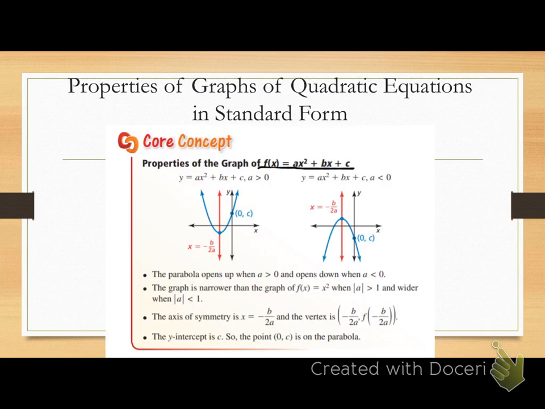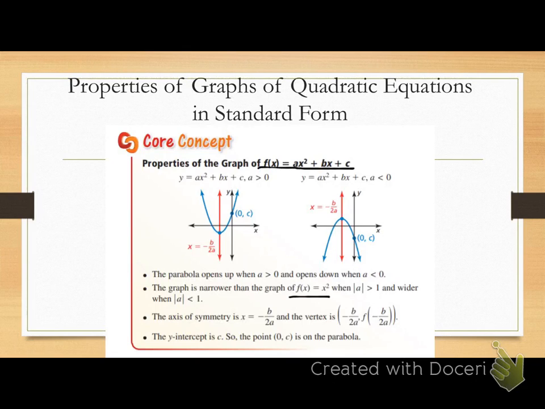The graph is narrower than the graph of our parent function. Remember, our parent function is f of x equals x squared. It's narrower when the absolute value of my a value is greater than 1. So if my a value, the number in front of x squared, is some whole number, it's going to be narrower than the graph of my parent function.